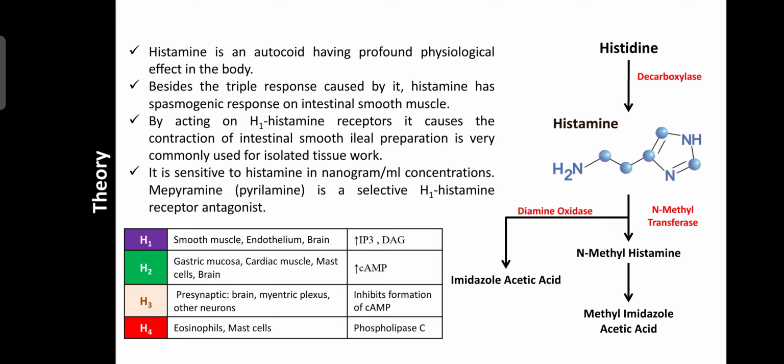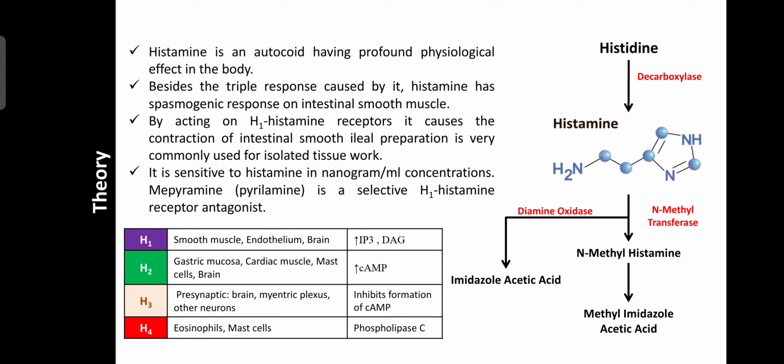Histamine acting on the H1 histamine receptor on the smooth muscles can cause contraction of smooth muscles. Regarding intestinal ileal preparation also, it is sensitive to histamine in nanogram per ml concentrations.